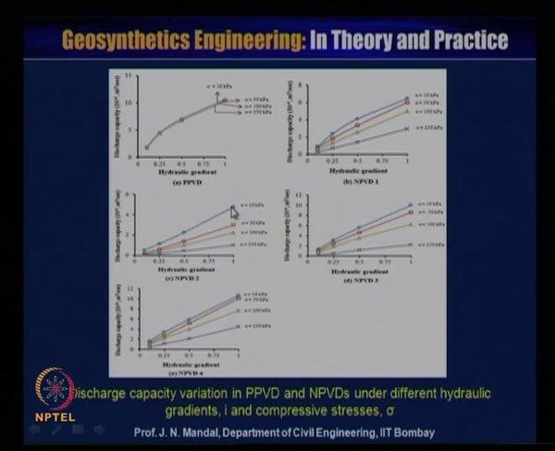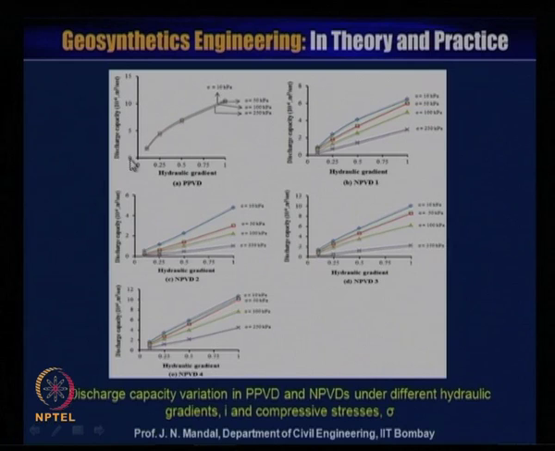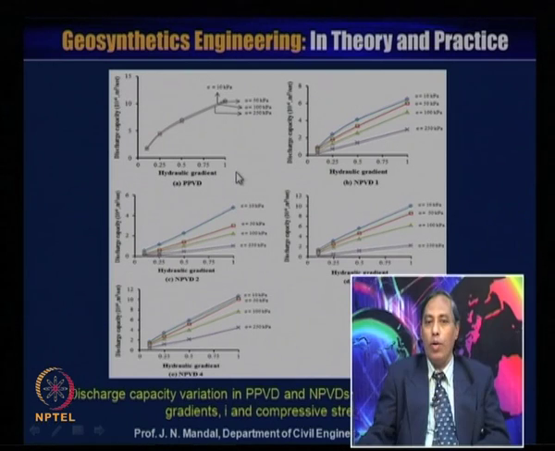Here also this curve shows the discharge capacity variation of polyester prefabricated vertical drain and the natural prefabricated vertical drain under different hydraulic gradients. We are considering different hydraulic gradients 0.25, 0.5, 0.7 or 1, and for a compressive stress, you can see here 10 kilopascal, 50, 100, 250 like that.